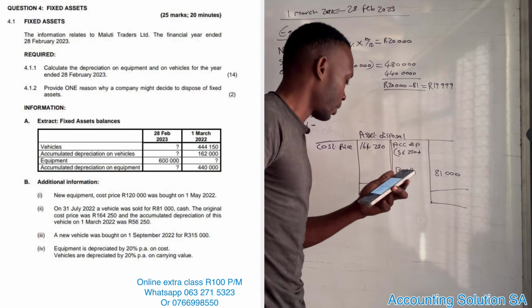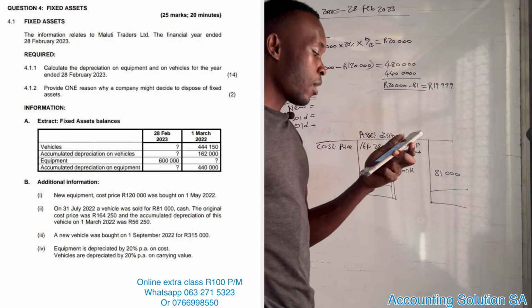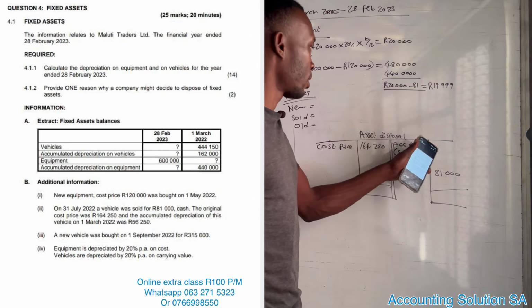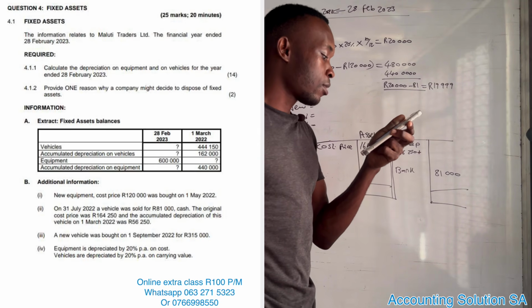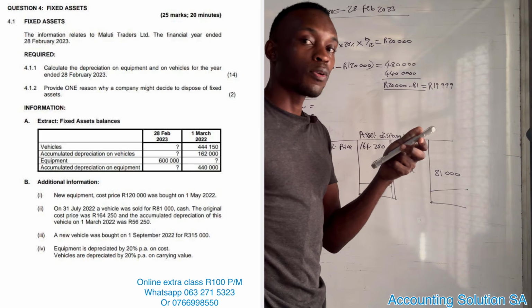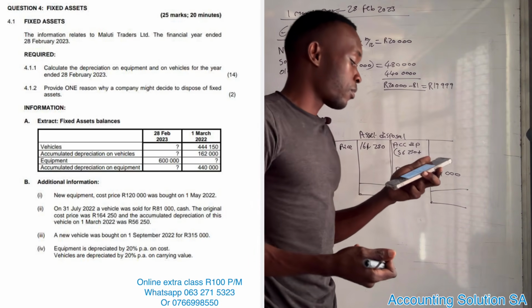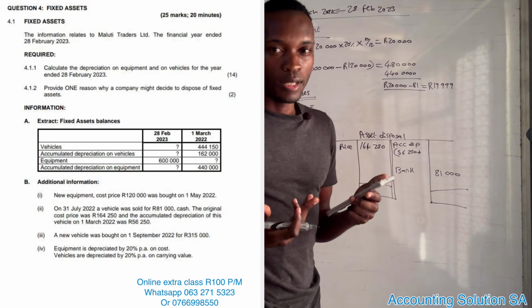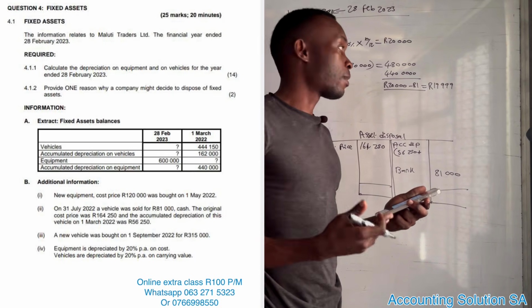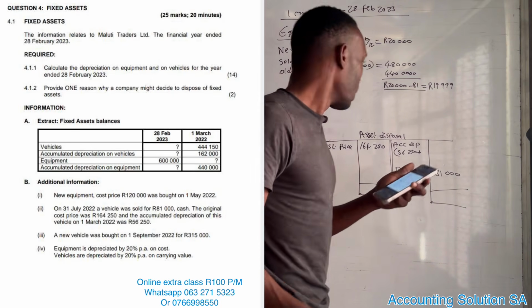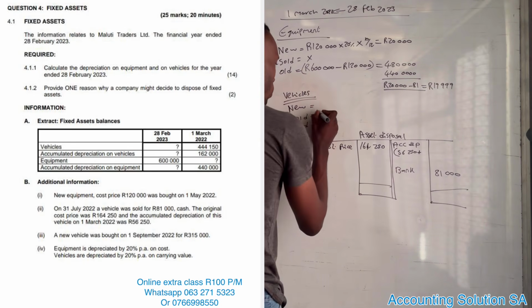Now let's proceed. We have to calculate another depreciation here that we have to add, and it's going to be simple. Remember, vehicles use the carrying value method, not the cost price, which is the same as the diminishing balance method: cost minus accumulated. So now let's calculate the sold one.